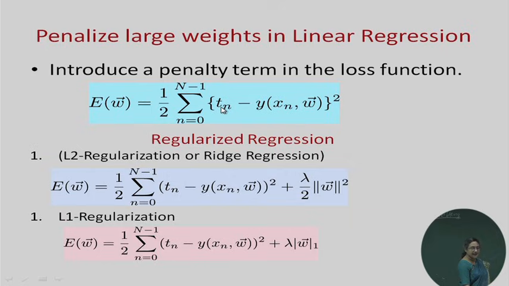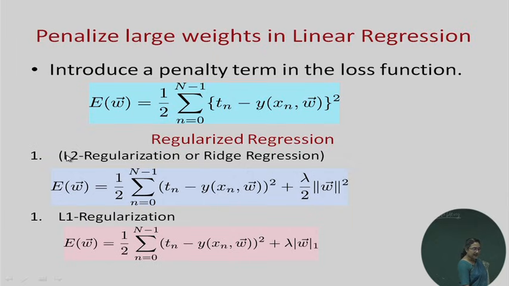Here Tn is the target value and this is the predicted value. Now, if you want to deal with overfitting, in addition to this, in the error function you can add another term based on the size of the coefficients.